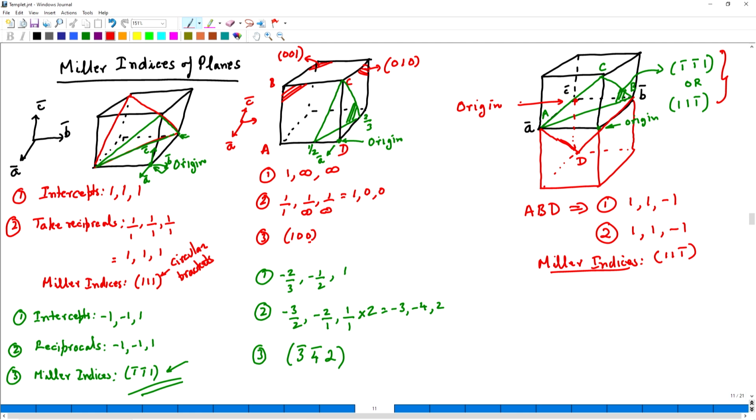So, therefore, by negating the indices for the planes, I am basically representing the same plane. Now, finally, we need to understand one more thing regarding planes.